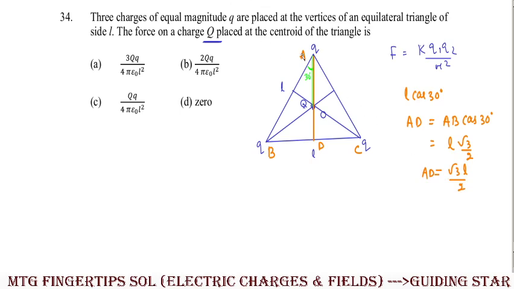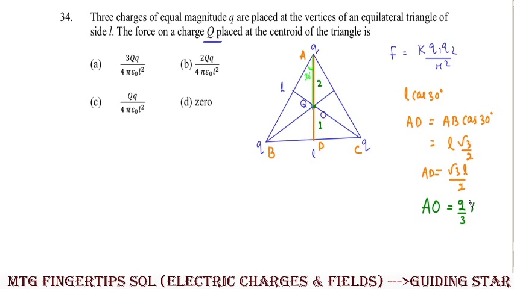And another thing we know is that the centroid of the given triangle divides this perpendicular in which ratio? It divides it in the ratio 2:1. Clear? That means if AD, this perpendicular, is root 3 L by 2, what will be the value of AO? AO will be 2/3 of the whole length AD.